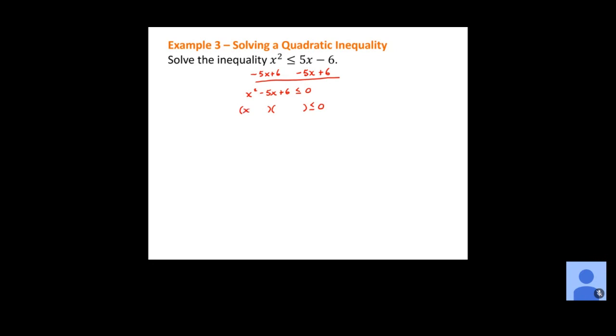Good. So we need an x and an x to give us the x squared, 2 and 3 to give us the 6. And in this case, we need the signs to be the same. We need a negative 5x in the middle. So it is going to be negative and negative. So x minus 2 and x minus 3 would be our two factors.